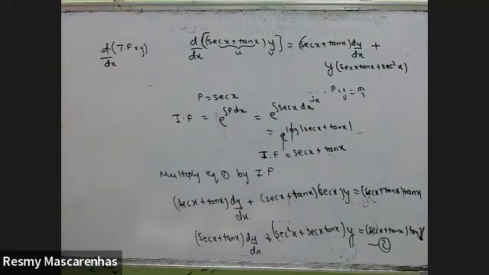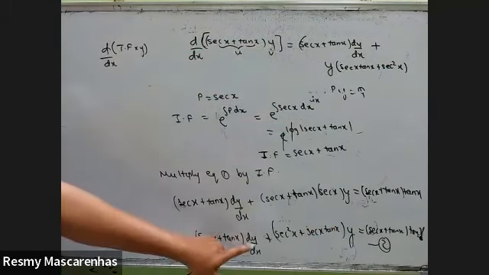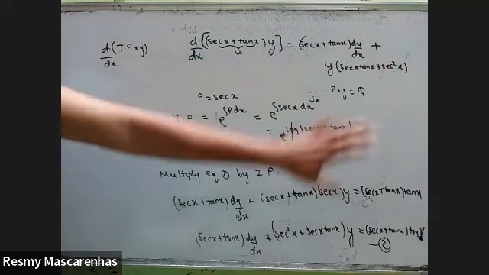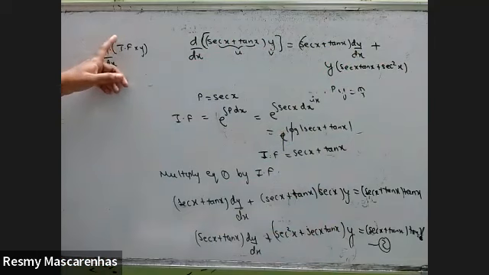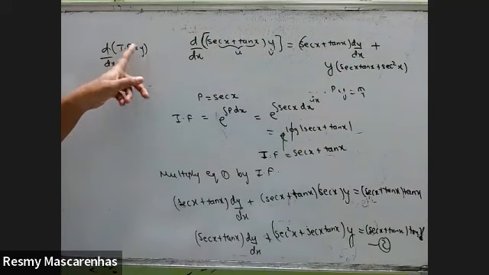You don't even have to think. Even if you forget the derivative of this into this, just copy paste this as it is. This will always be here. Even if you forget all this derivative, just write the derivative of the integrating factor into y. So you know the integrating factor is this into y.